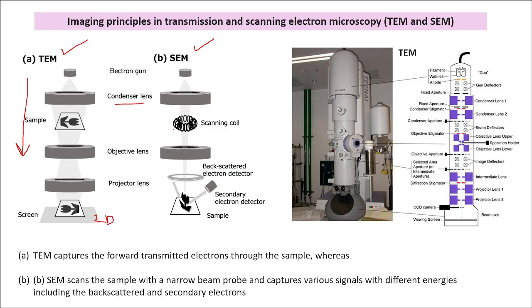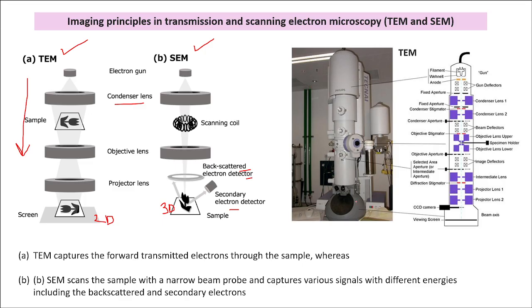Now in scanning electron microscopy, they detect backscattered electrons and secondary electrons, which are used to make a 3D kind of image. So this is the difference between scanning and transmission electron microscopy, and the very principle on which they work.